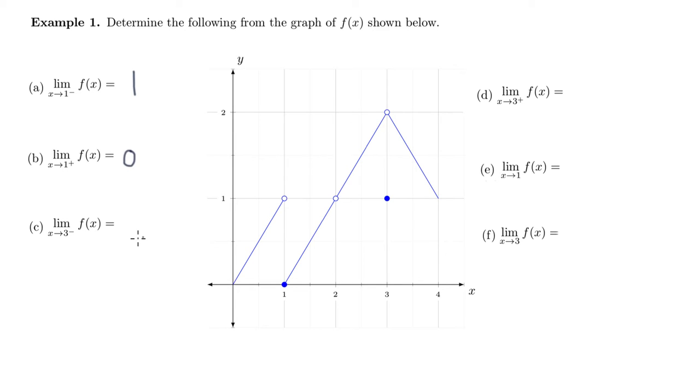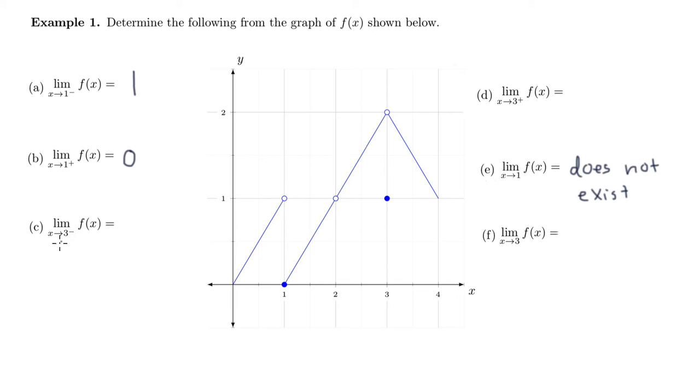So notice that the limit as x approaches 1 of f of x is not going to exist. For that limit to exist, the left-hand limit needs to equal the right-hand limit, which they do not, so this does not exist. And it does not exist, again, because the left-hand limit does not equal the right-hand limit.